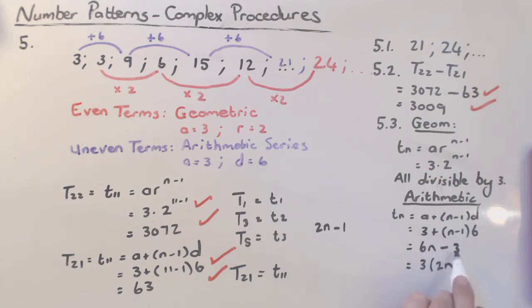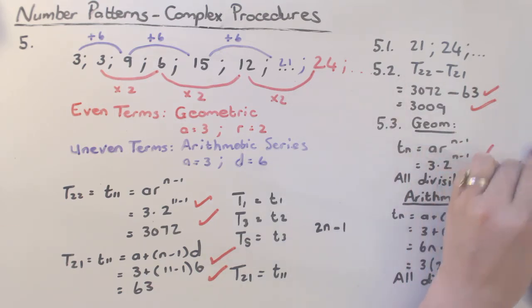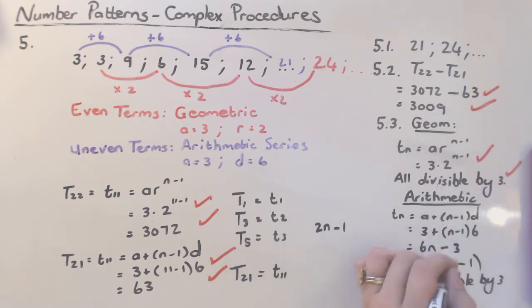I actually just take out the common factor 3. So then this is clearly also a product of 3. So this is also all divisible by 3. Okay. And question 5.3 counts 4 marks, I guess, for my geometric series with the conclusion, and for my arithmetic series with the conclusion, 4 marks then.